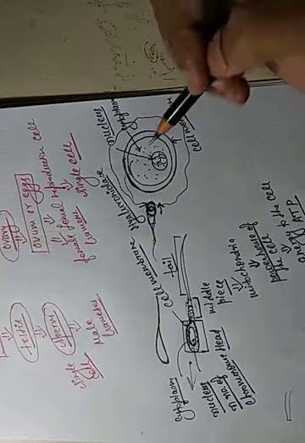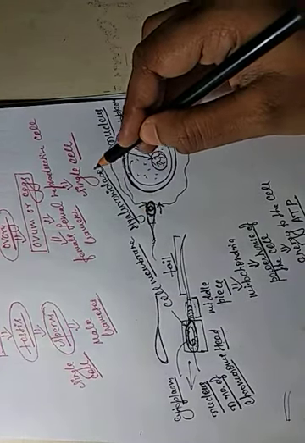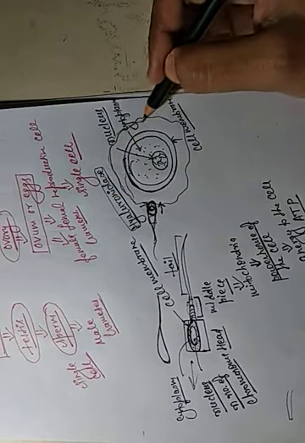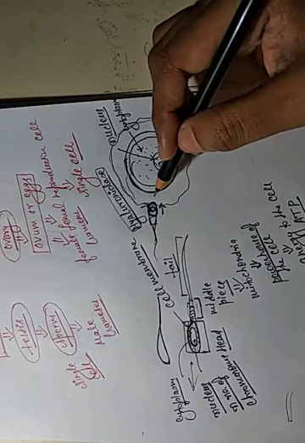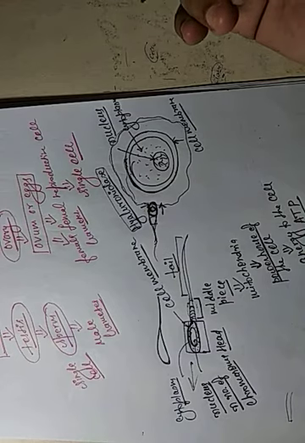Hyaluronidase is present on the acrosome, the top part of the head, and helps break down the outer membrane of the ovum, called the zona pellucida. This is not necessary to learn in class 10th; it is an important topic for class 12th, but I just inform you.